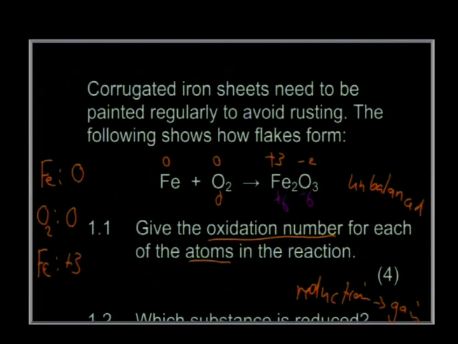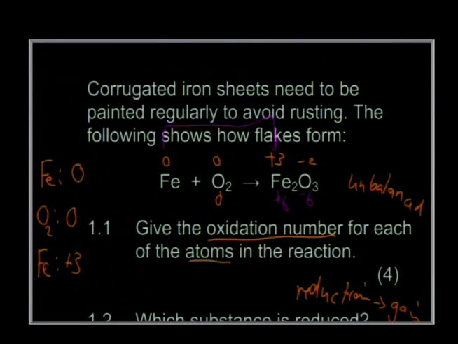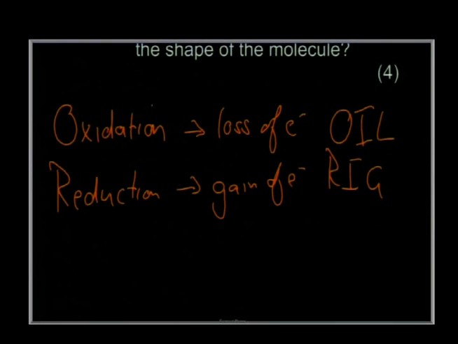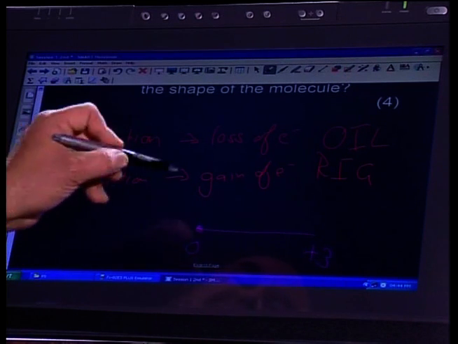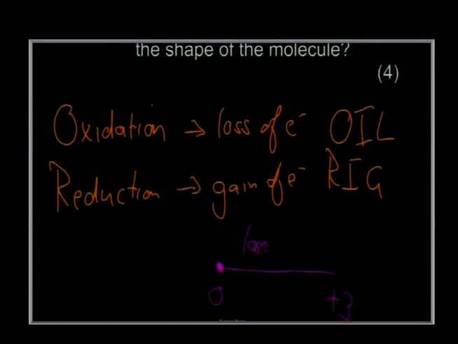It doesn't take too much to recognize that iron has gone from 0 to +3. If you're going from 0 to +3, what's happening? Let me show you. If we put it on a number line, 0 over there, and we've got +3, we might think we're gaining positives, but another way of looking at it is that this is a loss of 3 electrons.